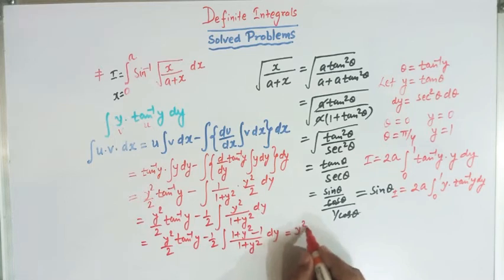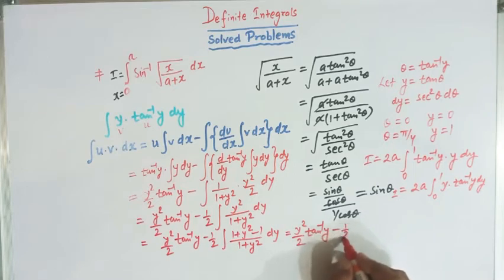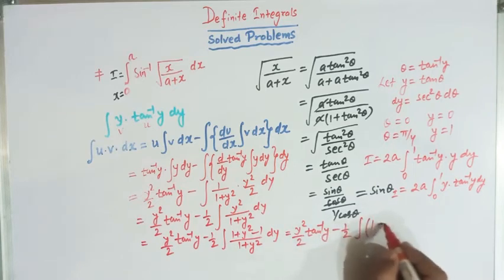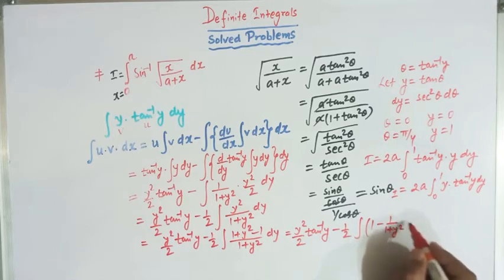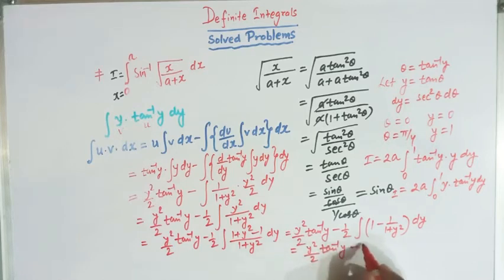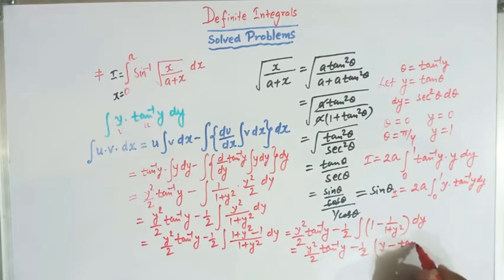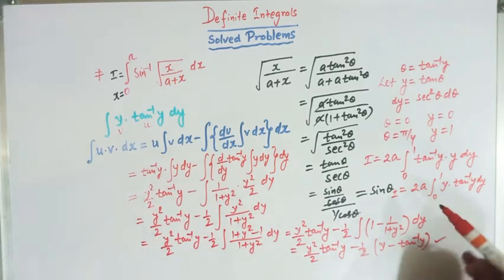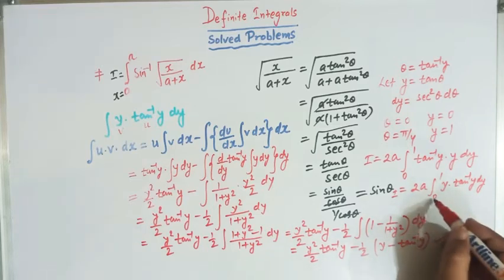Now this is y square by 2 tan inverse y minus half, and this is 1 minus 1 over 1 plus y square dy. Now this is y square by 2 tan inverse y minus half, and this is y, integral of 1 is y, and this is tan inverse y, right? So this is the value of the indefinite integral. Now we have to substitute the limits.